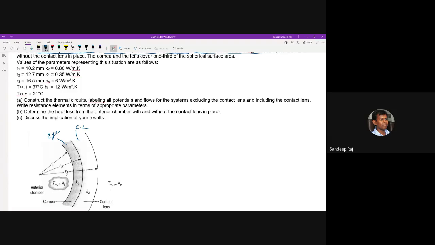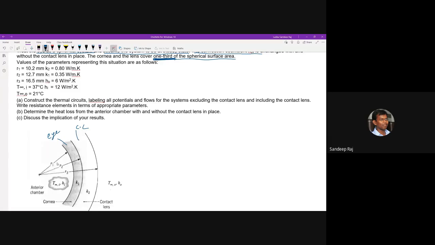And he's saying that the heat transfer coefficient h0 is not varying with and without the contact lens in place. The cornea and the lens cover 1/3 of the spherical surface area. This 1/3 you remember clearly, and even if I forget, you ask me to take it appropriately.